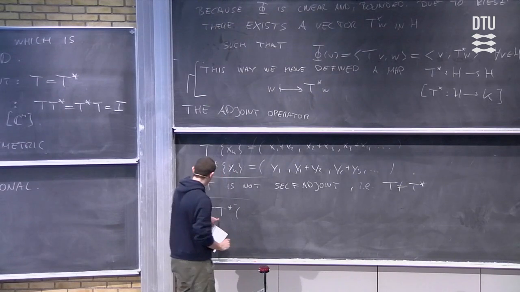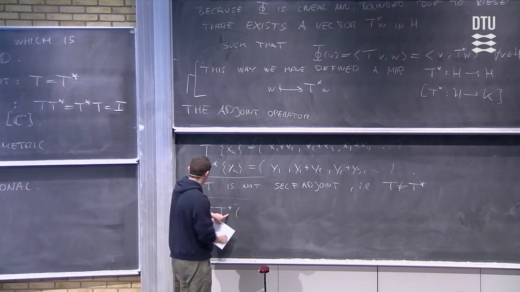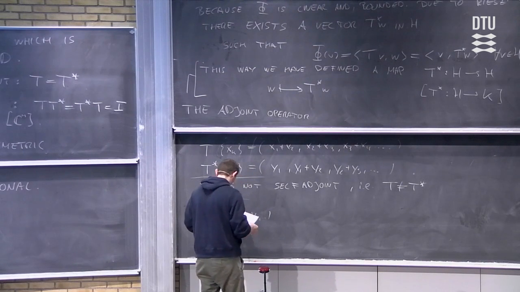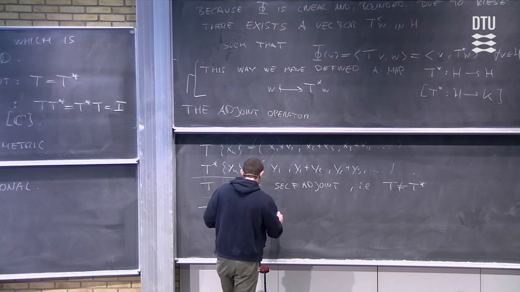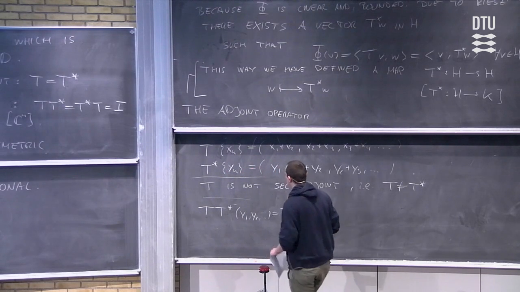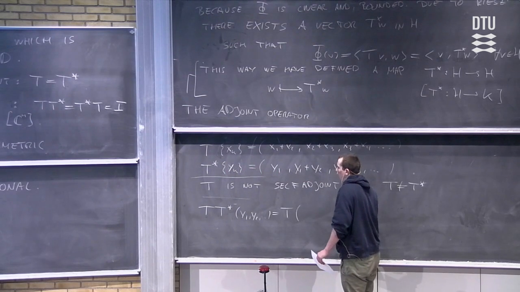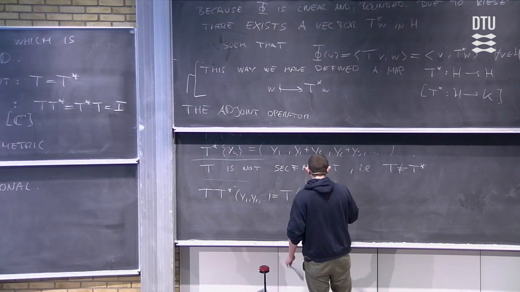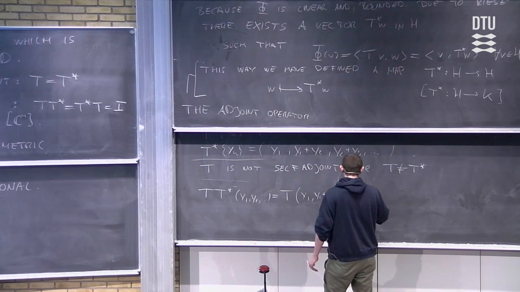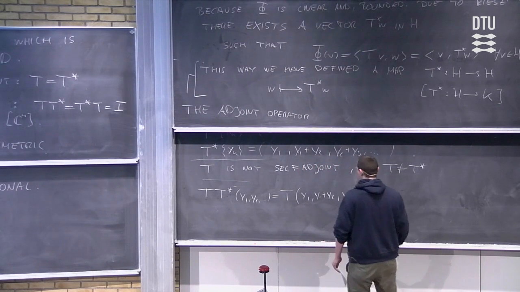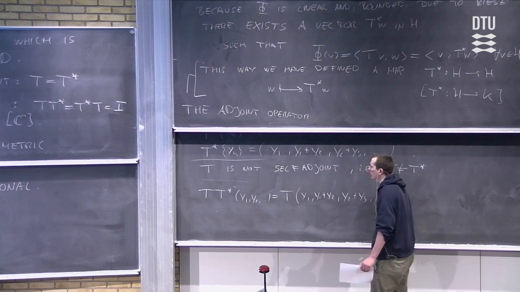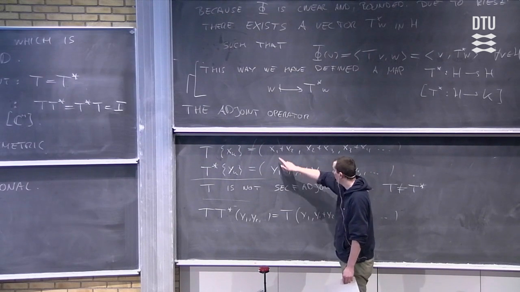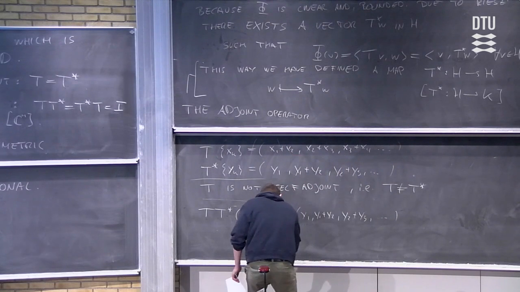So let's look at T applied to T star, which takes a vector y1, y2, and so on. Well, this is T applied to what we have here: y1 plus y2, y2 plus y3, and so on. So what does T do? T takes the first element and the second element in the first entry.